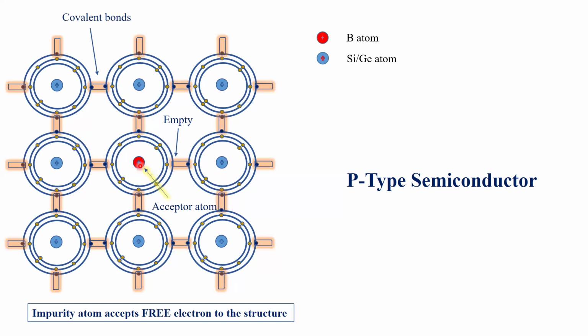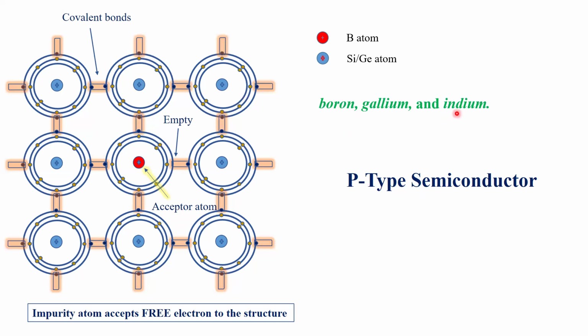As we saw in the previous module, we insert a foreign atom into the original single crystal lattice of silicon or germanium. This foreign atom is called an acceptor atom. Previously we added a donor atom; this time we have an acceptor atom. What is the speciality of this acceptor atom? Those acceptor atoms are from materials called boron, gallium, or indium.